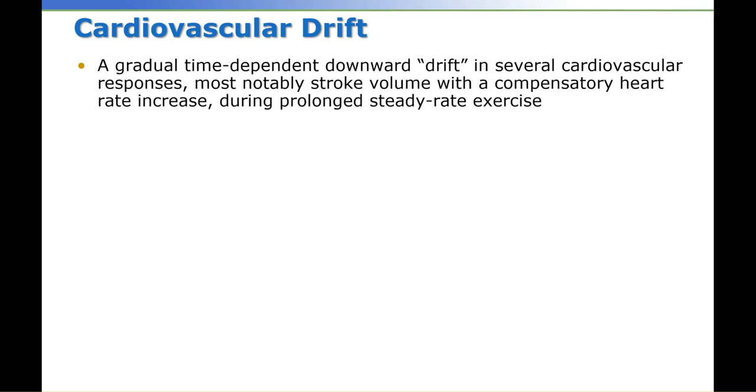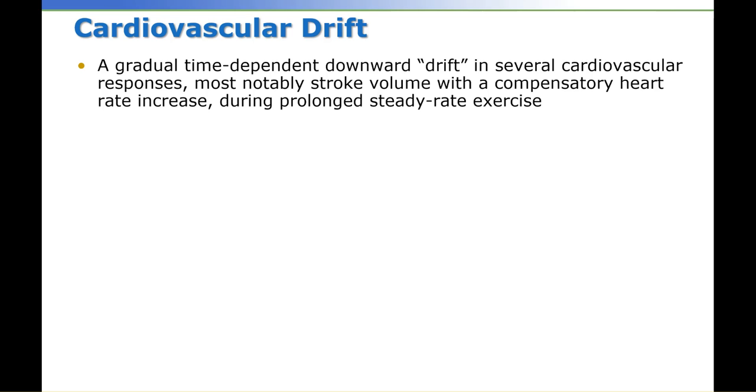So what happens here is physical activity lasting more than 15 minutes, particularly in the heat, produces progressive water loss through sweating and a fluid shift from the plasma to the tissues. A rising core temperature also causes blood redistribution to the periphery for body cooling.